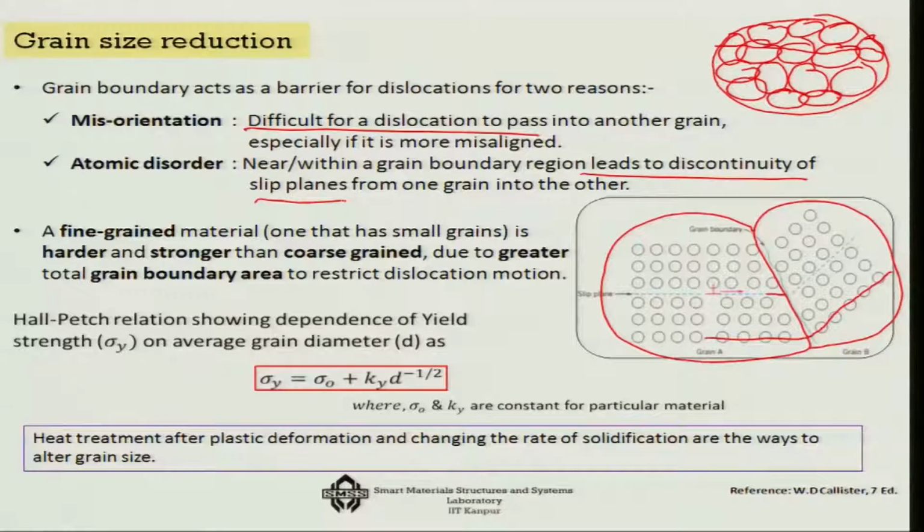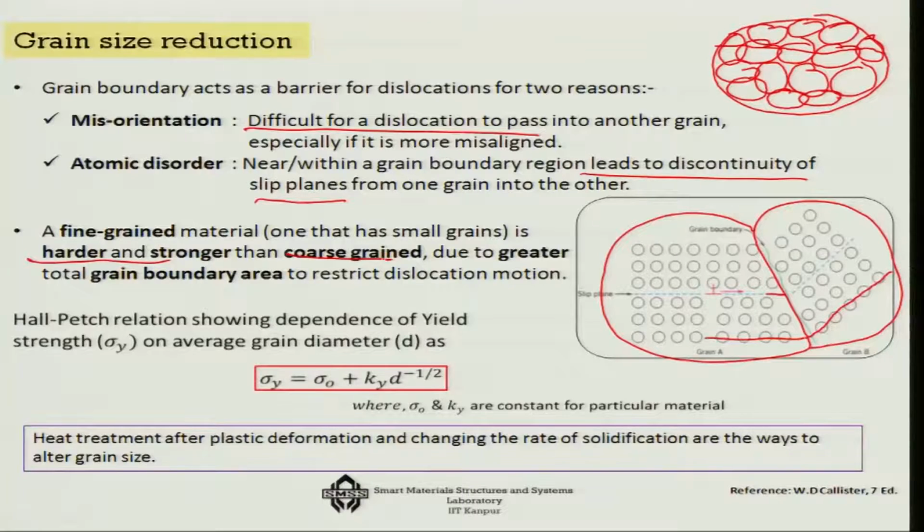Now, a fine grain material is harder and stronger than a coarse grain material, due to, as I said, the larger grain boundary area restricting the dislocation motion. This was first observed by Hall at the University of Sheffield, close to the 1950s.